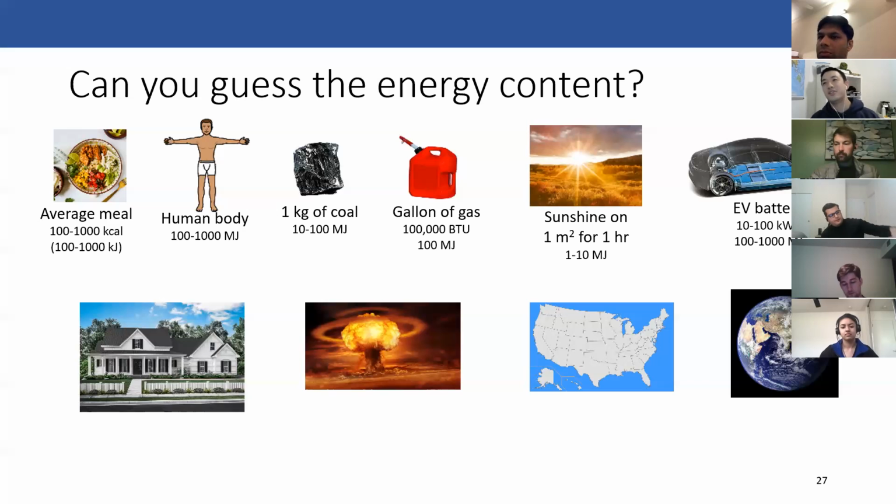On the other end of the spectrum, a smaller vehicle like a Prius Prime is closer to a 10 kilowatt hour battery size. That's the rough range of energy contained within a battery, so anywhere between 100 to 1,000 megajoules.